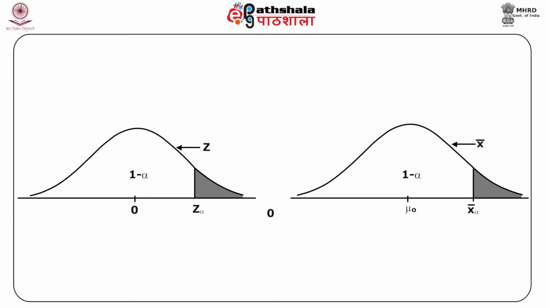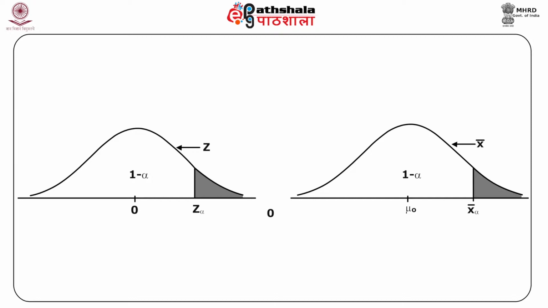In our figure 1a, Z alpha is selected so that alpha area is in the upper tail of the distribution, which is shown by the shaded area. The remaining area under the Z curve to the left of Z alpha is 1 minus alpha. I am sure you can see it clearly from the diagram.